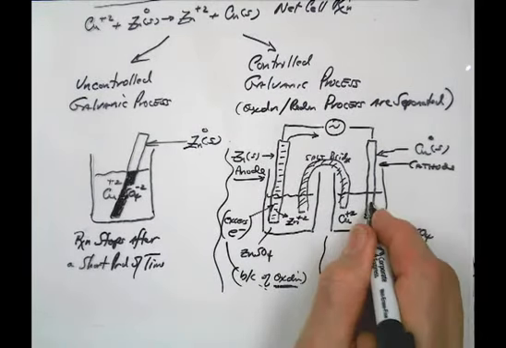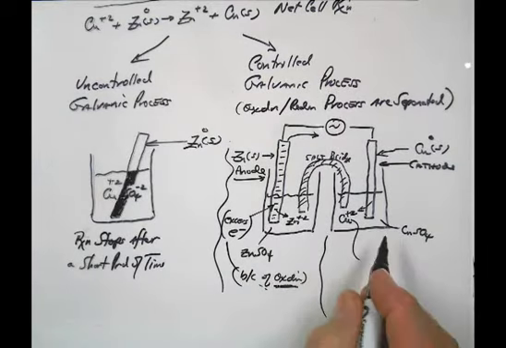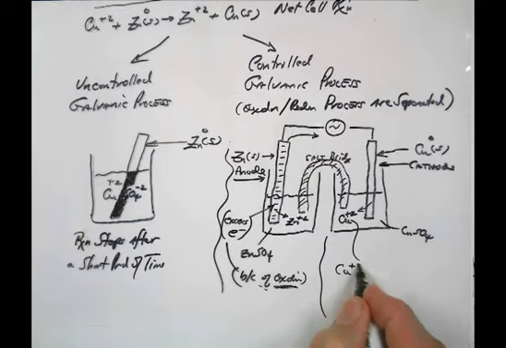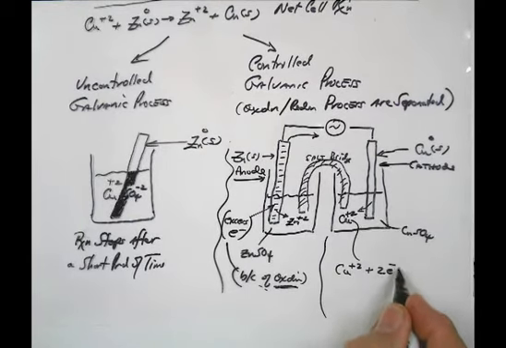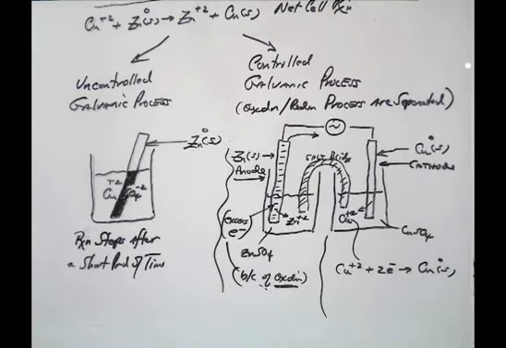And so what's happening is the copper ions are removing electrons from the copper bar, and going to the reduced form of copper. You're taking electrons out of that electrode.